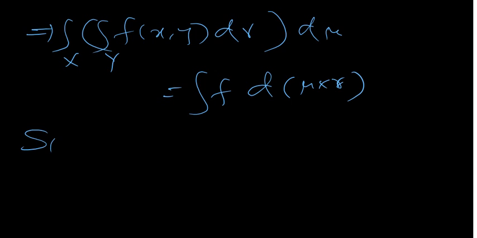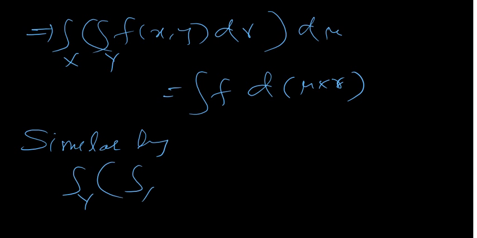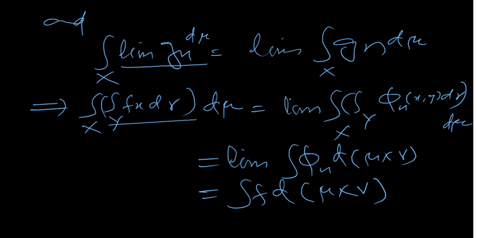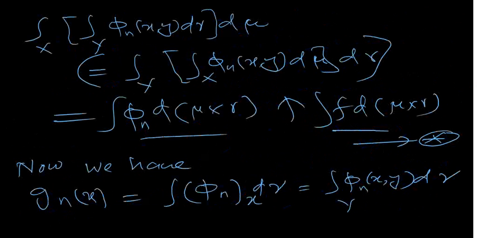And similarly we can see the integral over y, integral over x, of f of x y d mu is equal to the integral of f d mu cross nu, and this one can be obtained by using this equation, because I have already mentioned this one.